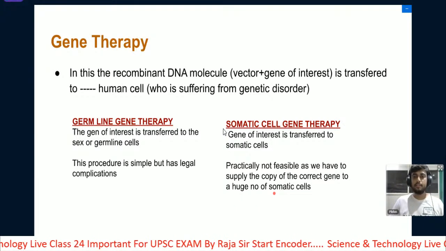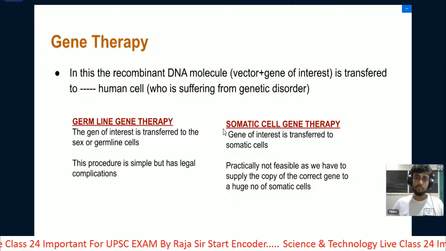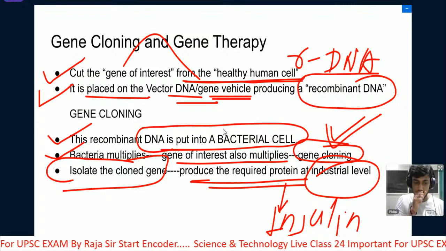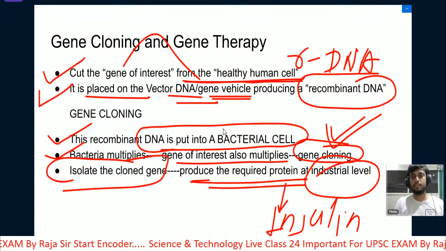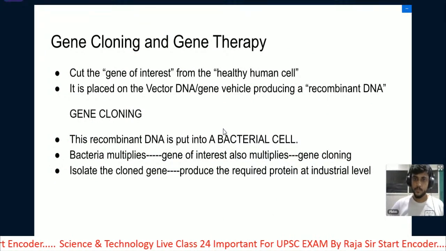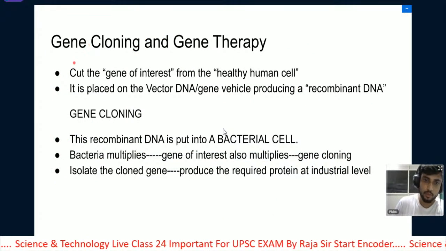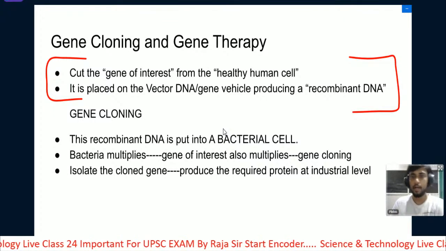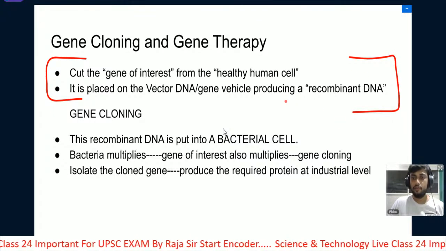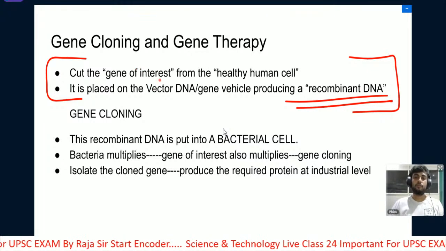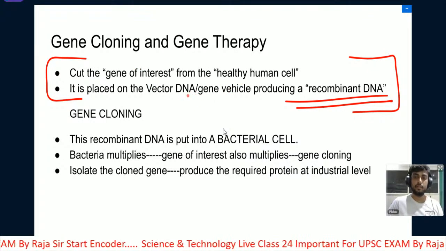Then the second thing is gene therapy. In gene therapy, the first two steps are the same. We will produce a recombinant DNA by merging the gene of interest with the gene vehicle.